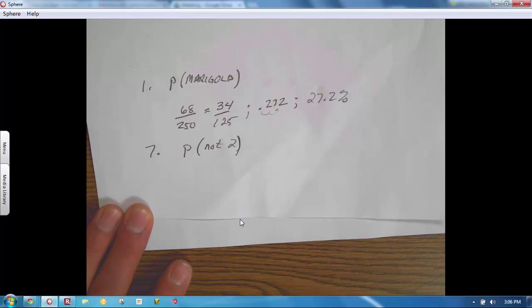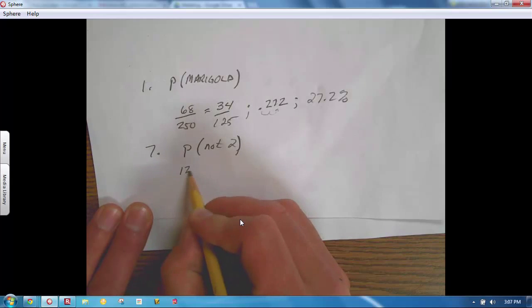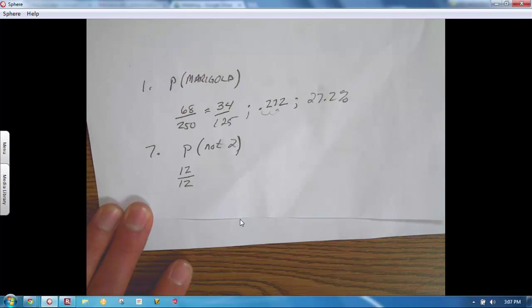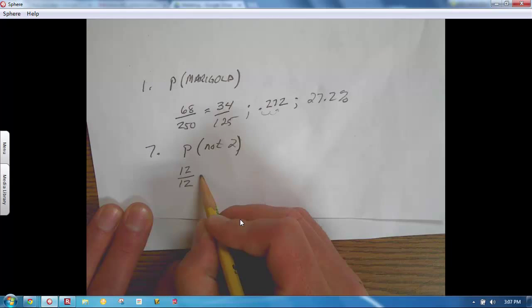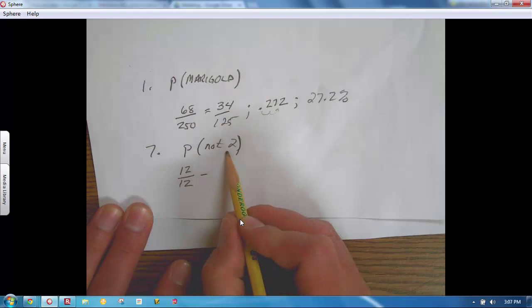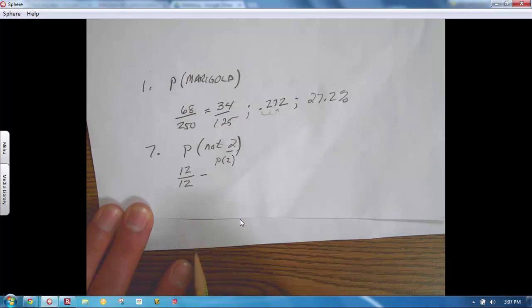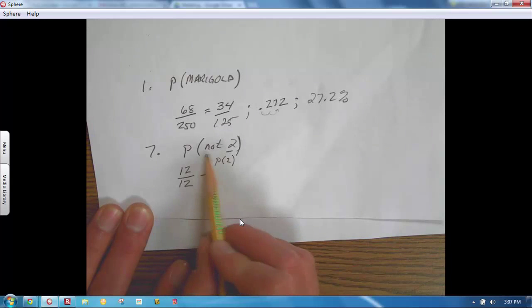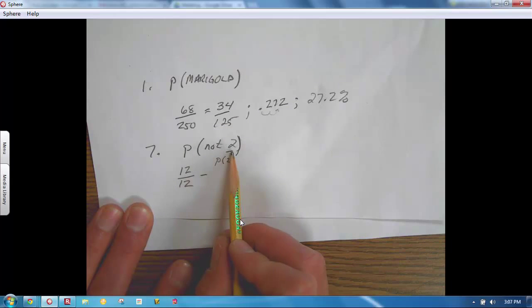Okay, if you look back in your example on page 608, it talks about the complement of an event. Basically what we do is we take 100% of the events, or 12 out of 12, because it's a 12-sided spinner. We subtract from it the probability of a 2. It seems a little bit counterintuitive because it says we want to know the probability of not landing on a 2.